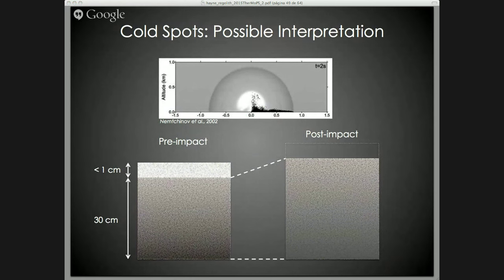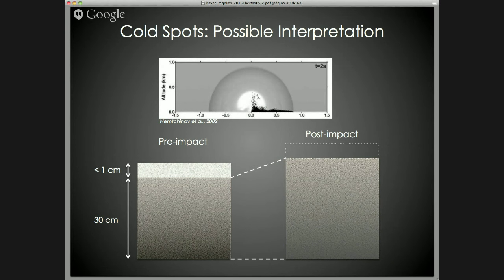And then at the same time that you sweep off that surface fluffy layer, it decompresses this underlying layer. So what we measure is that the very surface is less fluffy than previously, but the underlying 30 centimeters are more fluffy. This is just kind of a cartoon of what we think is going on. We don't really understand these features.